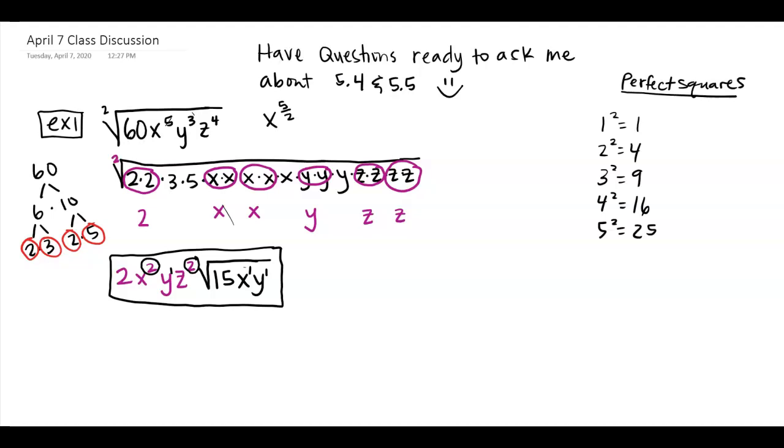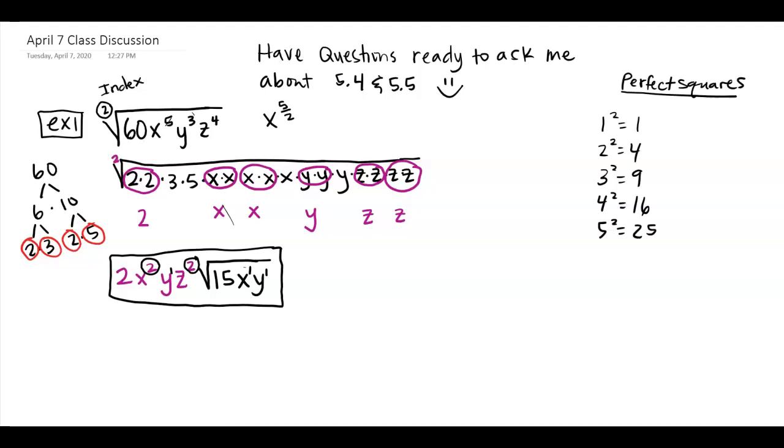Okay. Yeah, so you're just using this, which is called the index. If it's a cubed root, it would be a 3 there. If it's a 4th root, it'll be a 4 there. But if it's a square root, it's invisible there. It doesn't show you a number, but you've got to know that it's like an invisible 2, and that's what you're dividing. You don't divide the whole number by that.